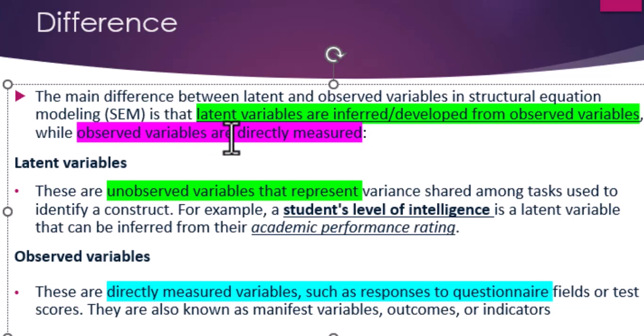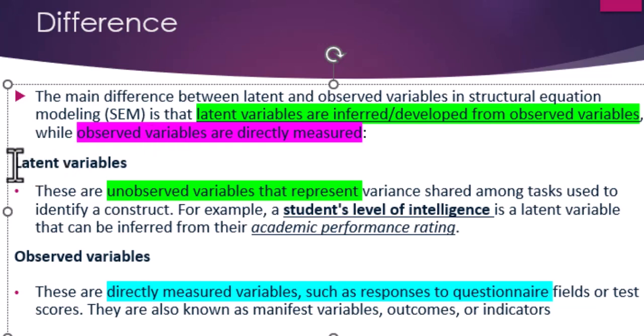That is a major difference between the two. The observed variables themselves can be measured, they can be observed. That's why they are actually called observed variables, because you are able to observe them.